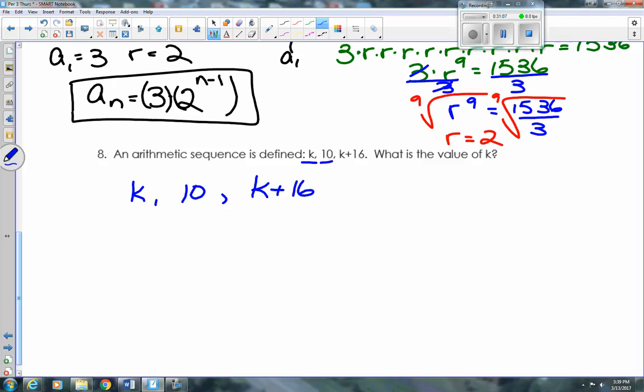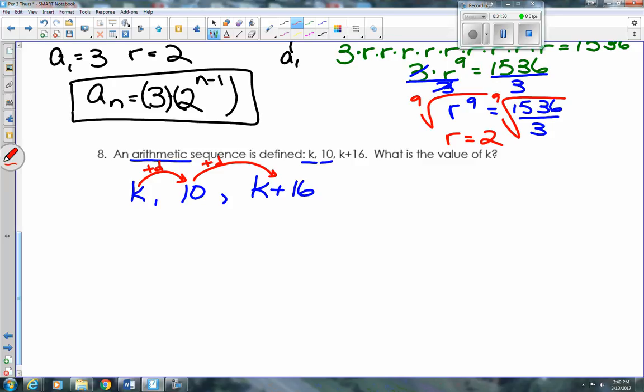All right, well, let's see. If this is arithmetic, that means that I add the same number each time I go to my next term. So K plus whatever D is gives me 10, and 10 plus D gives me K plus 16. So I can write this now as an equation.